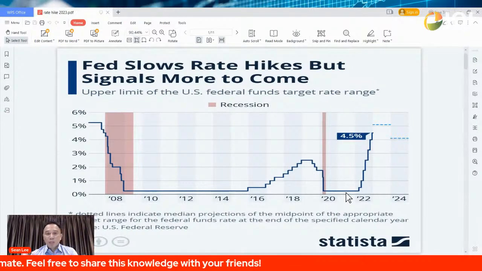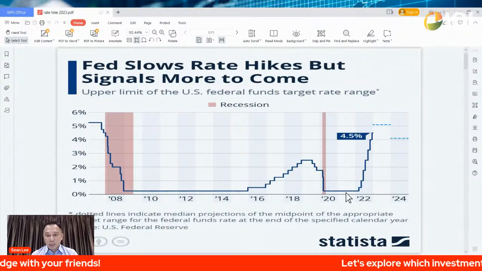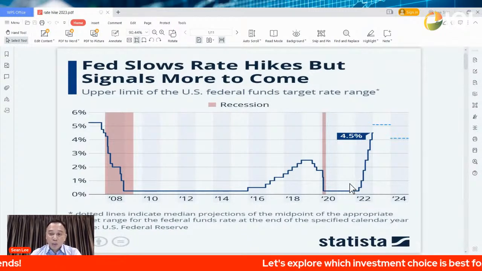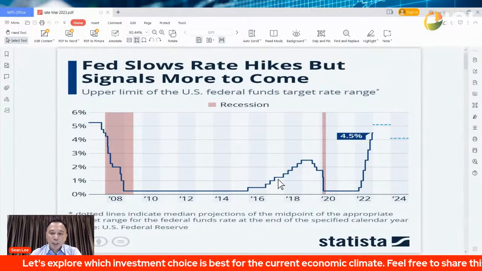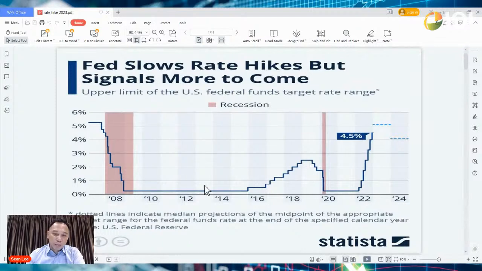Wow, I think there are two things we need to look at. First of all, this time the slope itself is much greater and much sharper compared to the previous rate hike cycle. You can see that over 3 years, it went up from 0.25 to about 2.5.